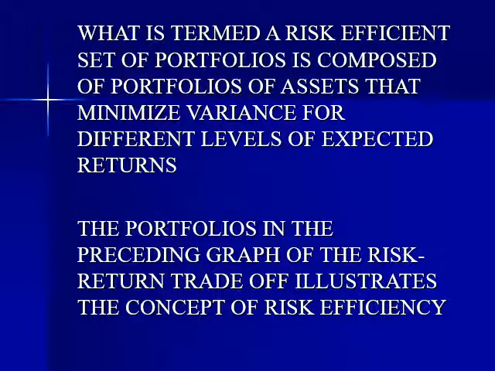Now, what is termed a risk efficient set of portfolios is composed of portfolios that minimize variance for different levels of expected return. The portfolios in the preceding graph of the risk return trade-off illustrate the concept of what we call risk efficiency, or what we're talking about here, efficient portfolios that give us that highest level of return at a given level of risk.